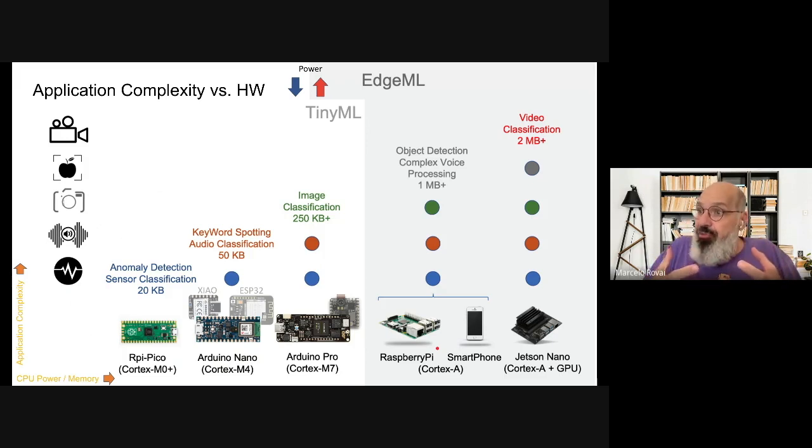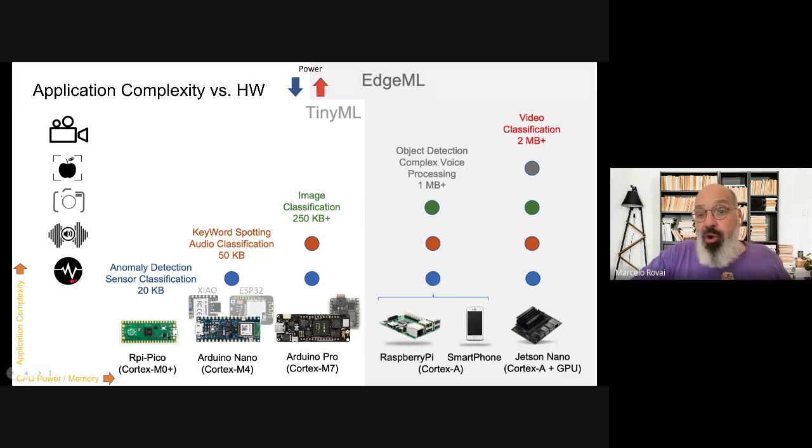It's much more powerful, but also consumes a lot of energy. For the TinyML side, we're talking about current in microamperes or a few milliamperes. Here I'm talking about amperes of current needed to run such devices. So the power needed in watts is bigger.